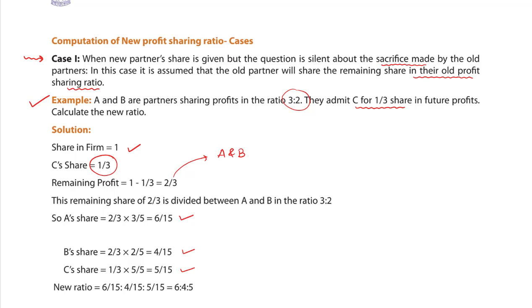The new profit sharing ratio of A, B and C is 6/15, 4/15 and 5/15, that is 6:4:5.